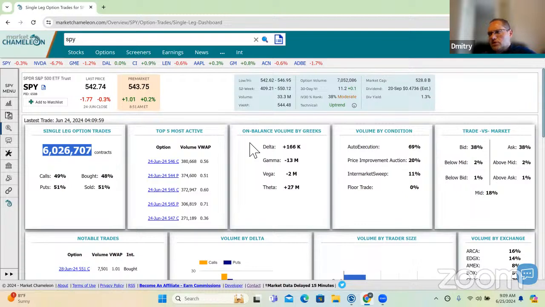But when we think about the option contracts, 6 million, not all the options are on the same strike. So you could have strikes that are very far away. You could have strikes right at the money. You could have strikes that are closer to the money. You also could have a big concentration of volume, let's say in upside calls, right?